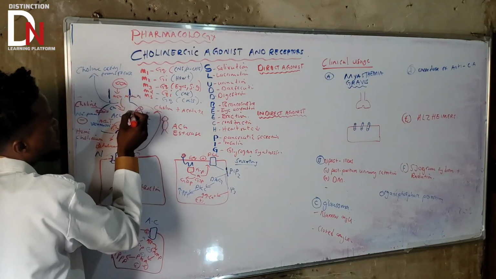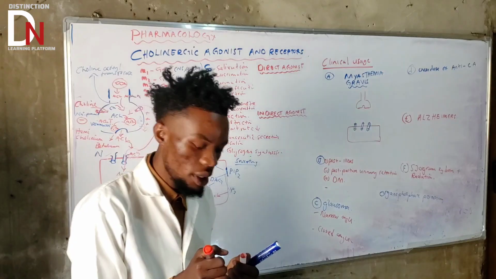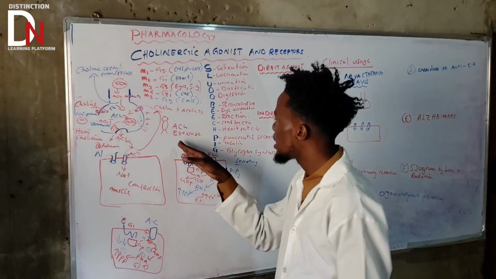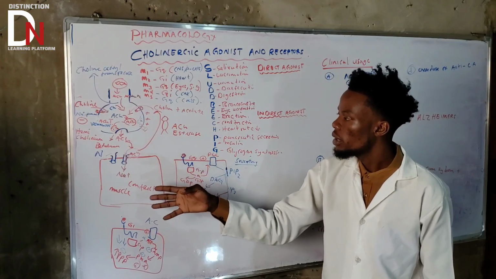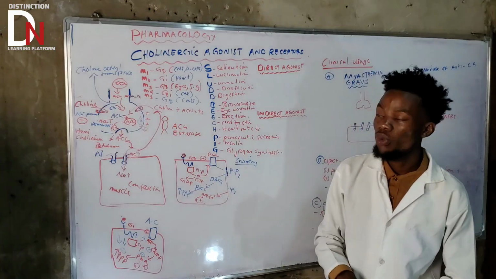That choline can be reused, in the same way as it was used in the initial step. So the acetylcholine esterase is the one that breaks down acetylcholine when its work is done on the target cells.